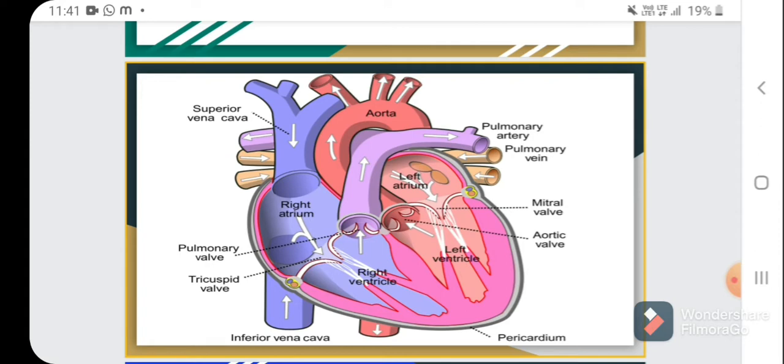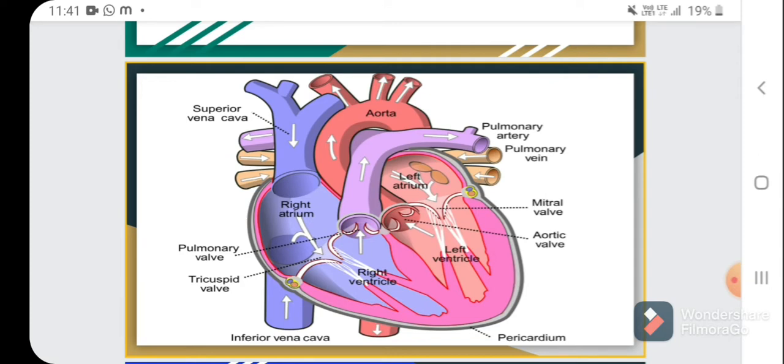This deoxygenated blood then passes to the right ventricle through the right AV valve, also known as the tricuspid valve.